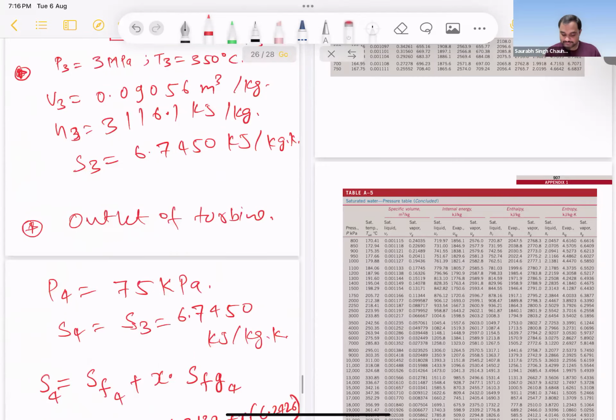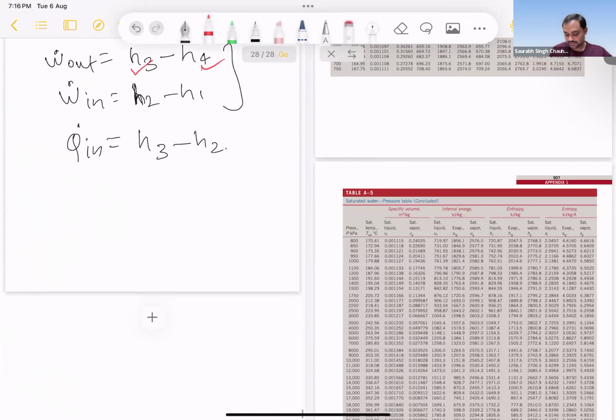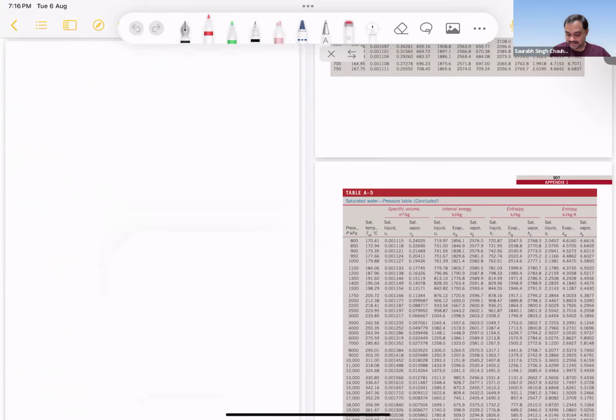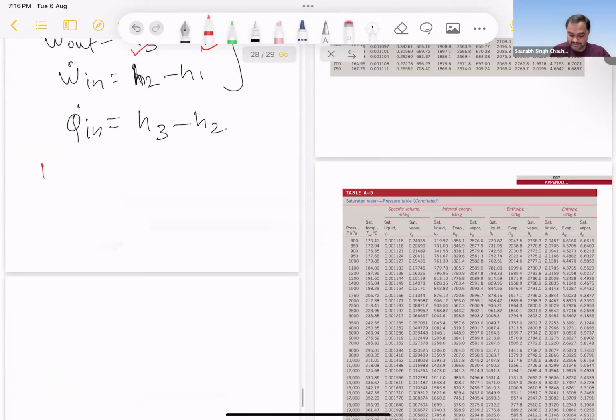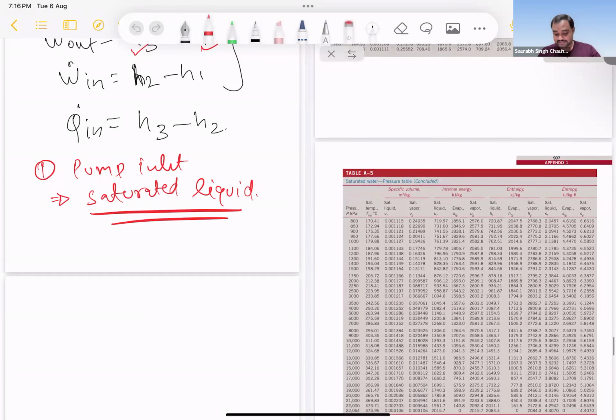Point one, pump input. It is given simple Rankine cycle. So at point one, pump inlet, water will be in saturated liquid state. So we will check saturated water tables.